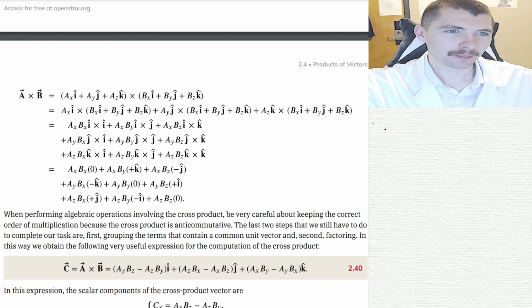A cross B, if it's in 3 dimensions, could be more dimensions, or just 2 or 1 dimension. But in physics, 3 dimensions is most intuitive. So you have the components of the vector times the components of the other vector.